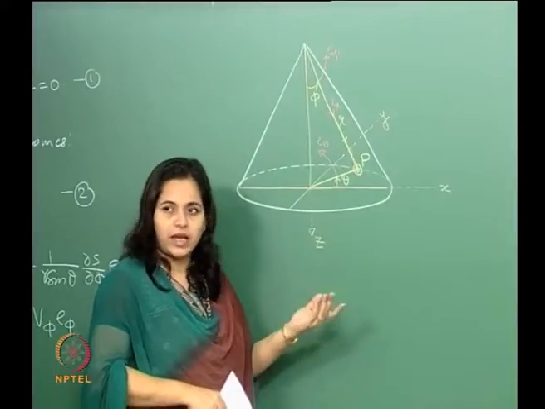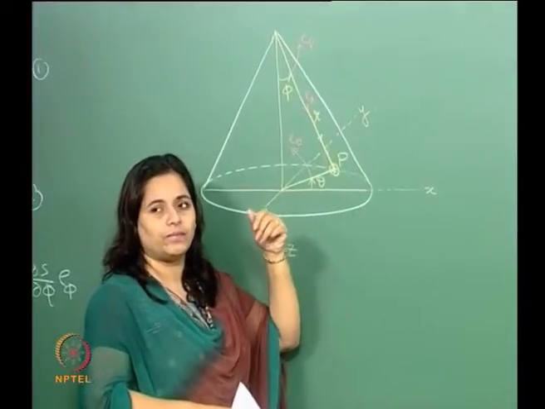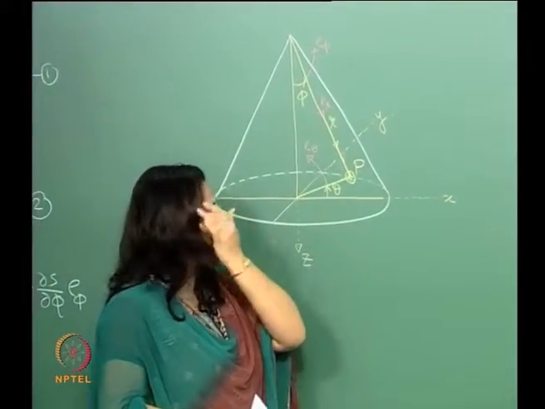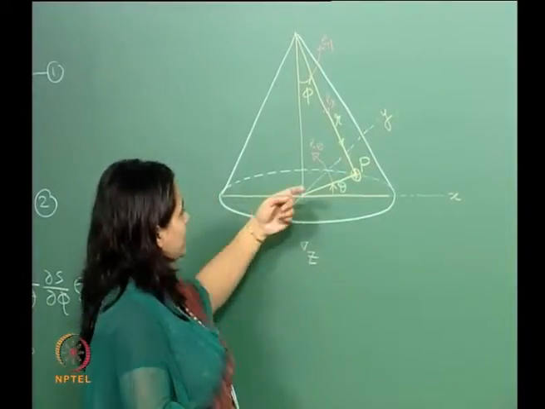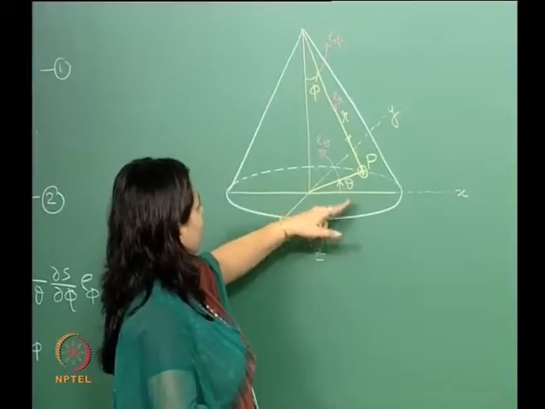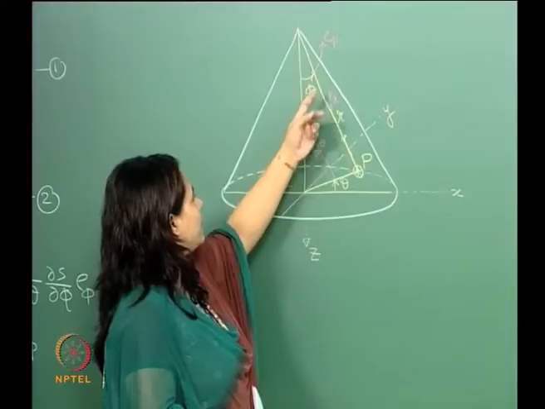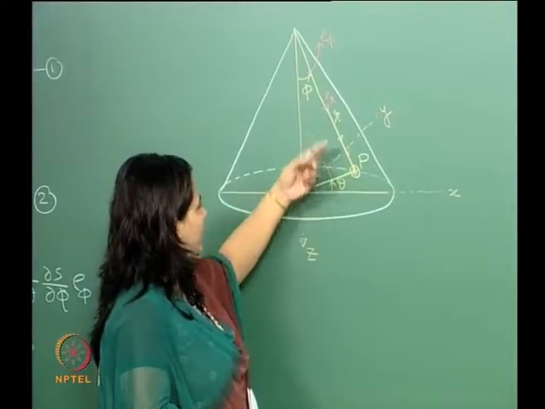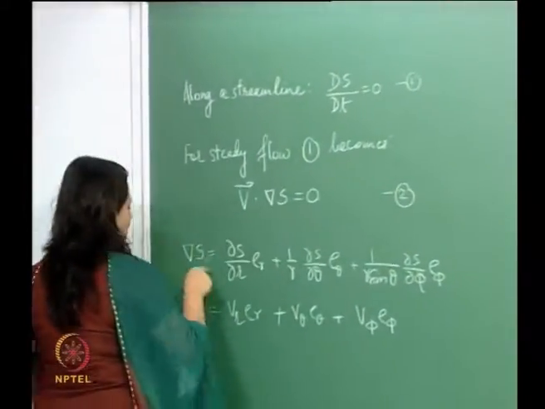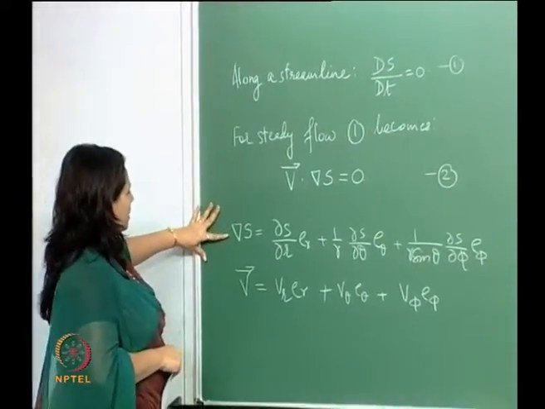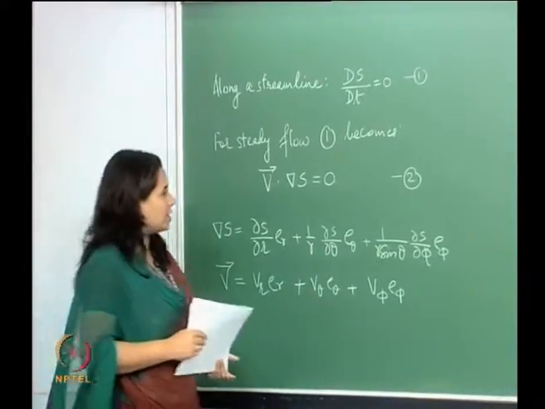But if, instead of taking the components in the x, y and z direction, I take the components in the r, theta and phi direction, that is when I get v theta, v phi and v r. Okay. So, that is what it means, and this is the change in r, theta and phi directions essentially.